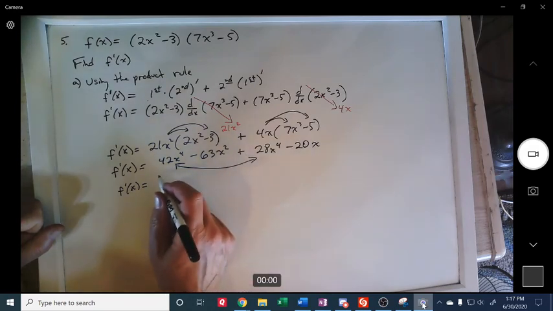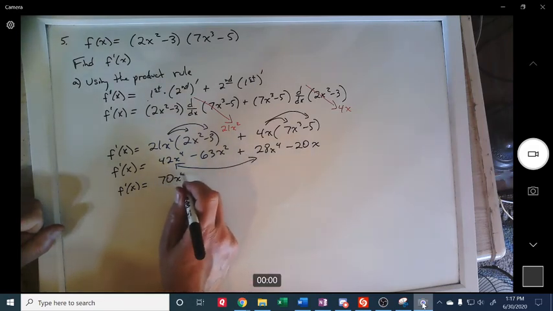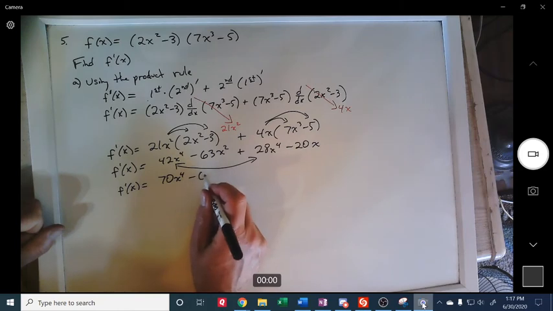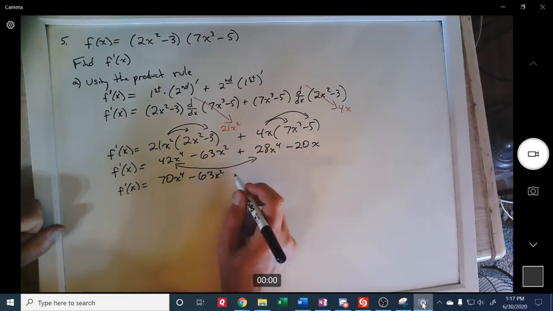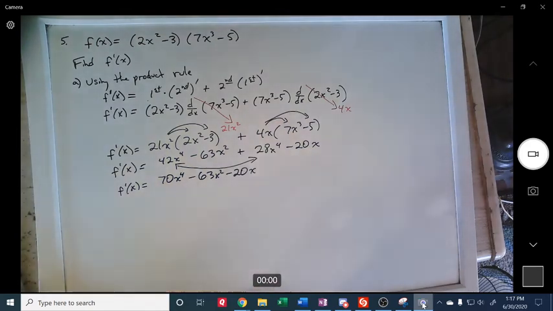That turns out to be 70x to the fourth, and I got it. So that's how I would use the product rule. First times the derivative of the second plus second times the derivative of the first.